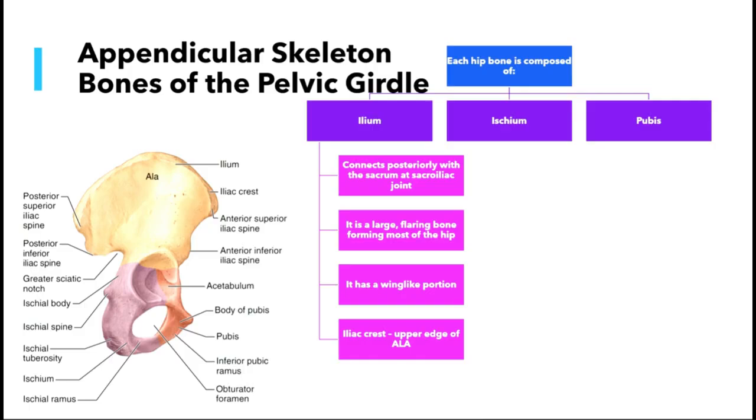Your ilium is like a peacock's fan tail feathers. When you put your hands on your hips, you're actually resting your hands on the ala of the ilium.